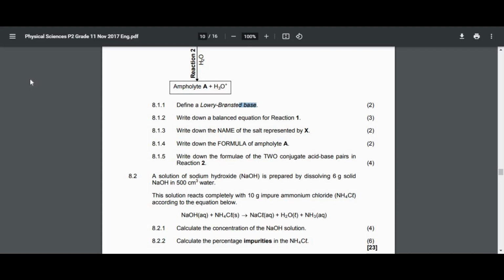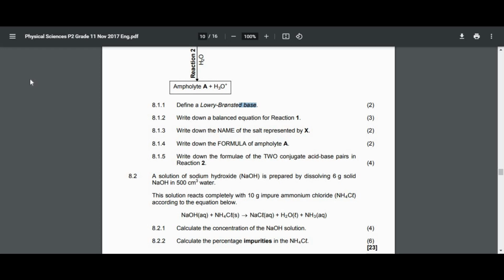8.2, a solution of sodium hydroxide, NaOH, is prepared by dissolving 6 grams of solid sodium hydroxide in 500 cubic centimeters of water. This solution reacts completely with 10 grams of impure ammonium chloride, NH4Cl, according to the equation below.